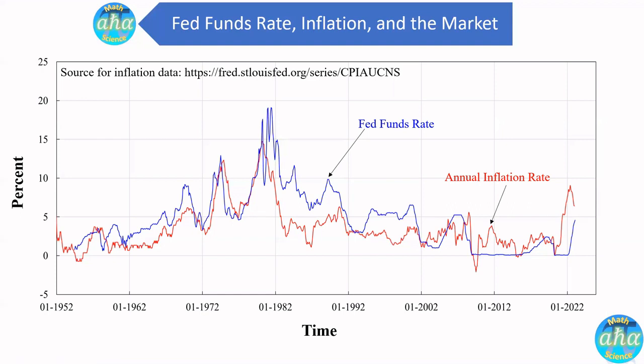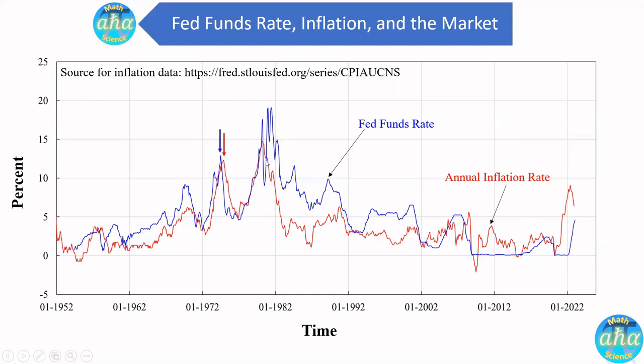And in this analysis, we are interested in the timing of when the inflation peaked, for example here, and then when the federal funds rate peaked, and the timing between these two peaks. So in the 1974 case, the inflation peaked in December 1974, and the federal funds rate actually peaked a few months before that.